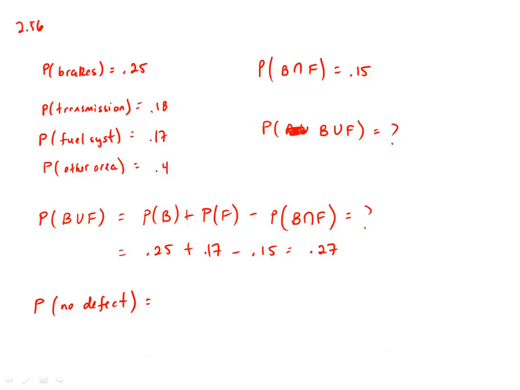So that is the complement of the union of the events, P of A union B, and we have that probability already. So that should be 0.73.